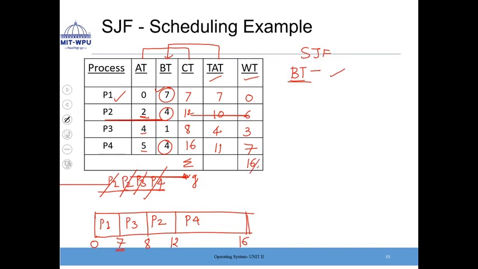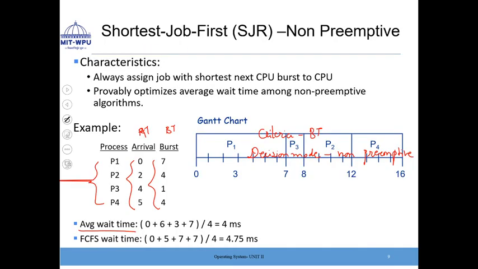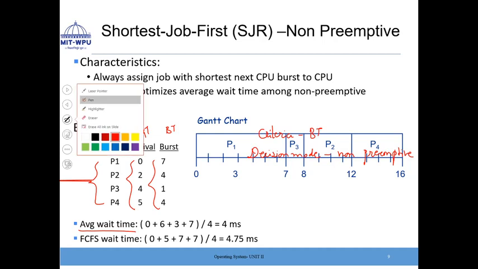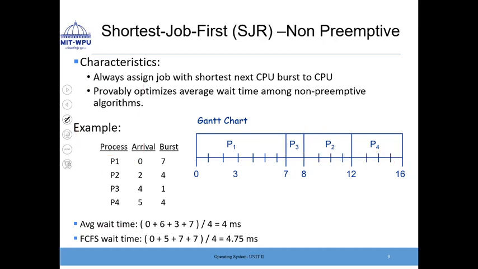So 16 divided by 4 is 4, and the unit of time is milliseconds, so 4 milliseconds. Let us go back to our example. You will get the Gantt chart in this way. The average waiting time is 0 plus 6 plus 3 plus 7 divided by 4, that is 4 ms.